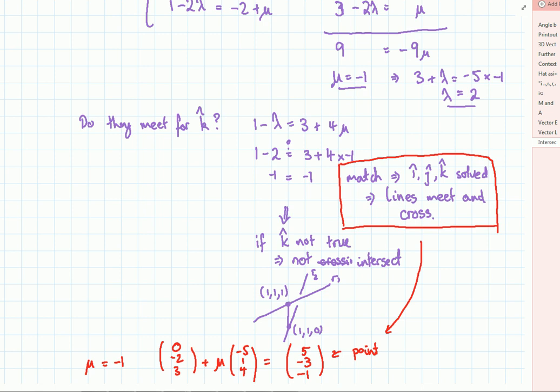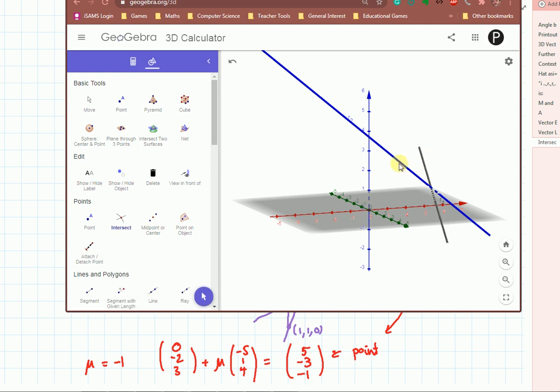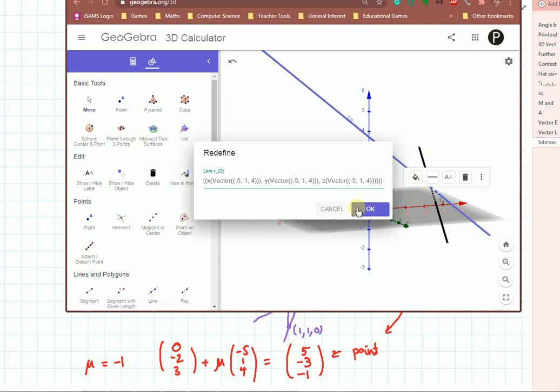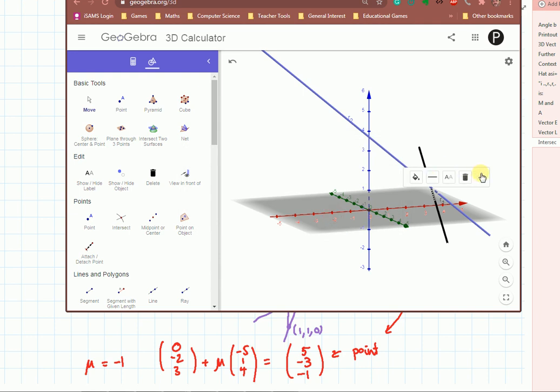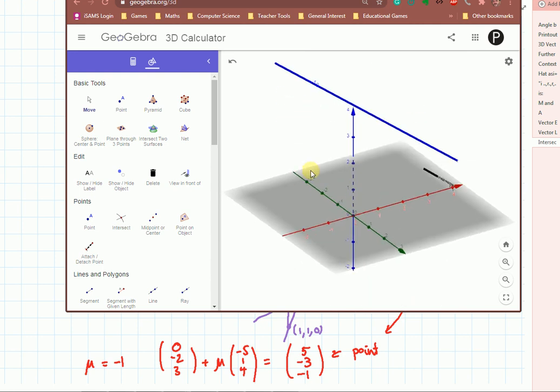I'm just connecting it to put the point. For some reason it's not wanting to do it on the intersection, so I'll do it that way: the intersect between that line and that line. Oh, this is the wrong form, that's why.